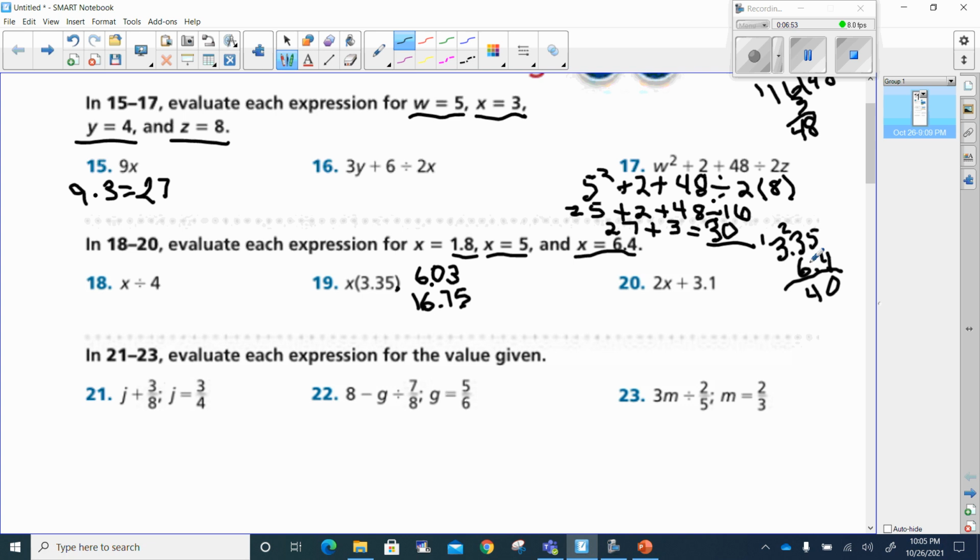Again, this is 12, plus 1 makes 13. Now I got to multiply everything to 6. 5 times 6 is 30. So we'll put a 3 up here this time. 6 times 3 is 18, 19, 20, 21. 6 times 3 is 18 again, 19, 20.